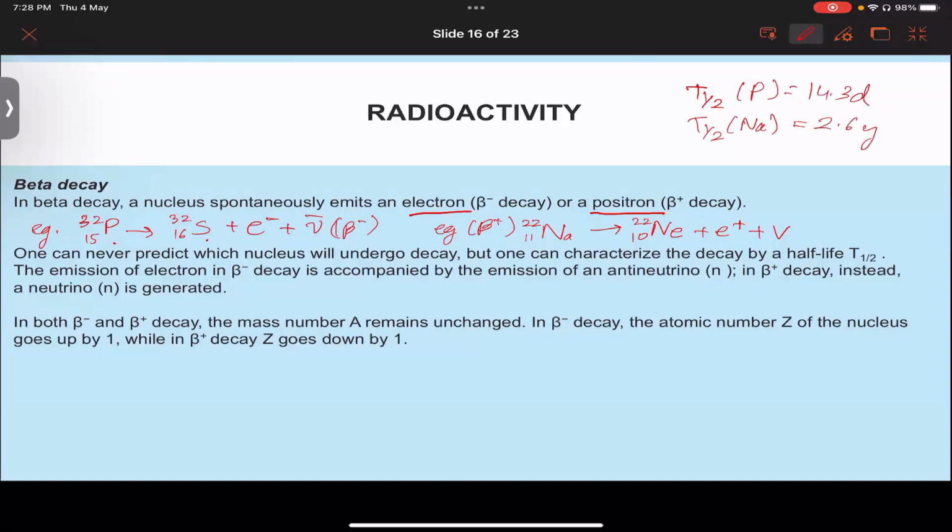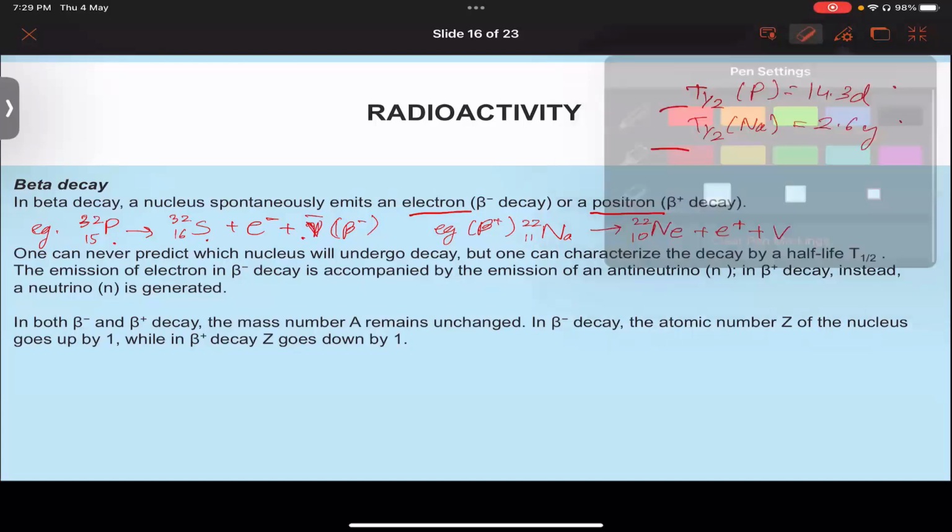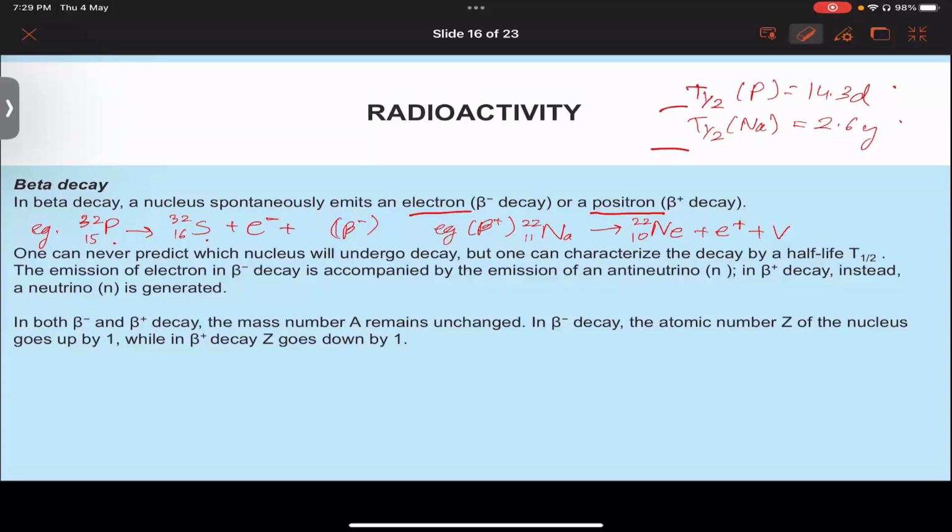So the emission of beta particles, based on the type of element, can have two different half-lives. These particles are called neutrino and antineutrino. In beta negative decay, you have an antineutrino, and in beta positive, a neutrino.